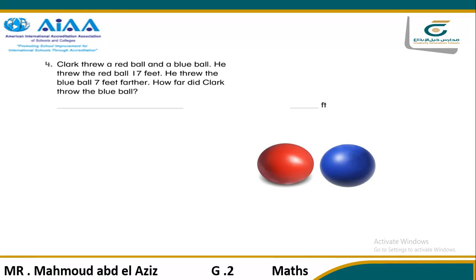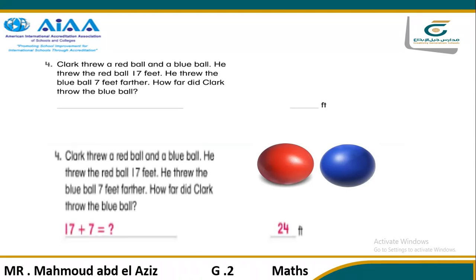So how far did Clark throw the blue ball? So is that plus or minus? You will add here or subtract. Farther, what does that mean? Excellent. You will add them together.